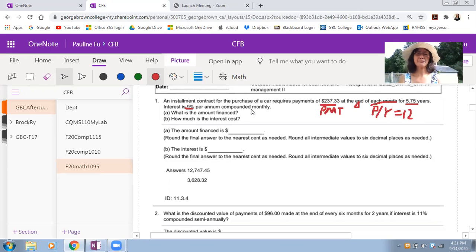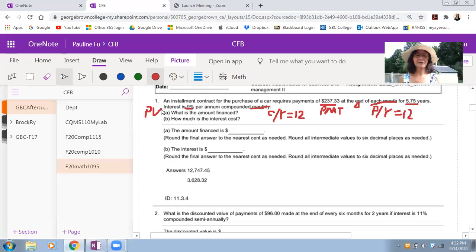Interest is compounded monthly, that means CY equals 12. When you have PY equal to CY, this is a simple annuity. So together, this is an ordinary simple annuity problem. And the question asks you, A, what is the amount financed? So the question asks you, what is the present value of the annuity, PV?